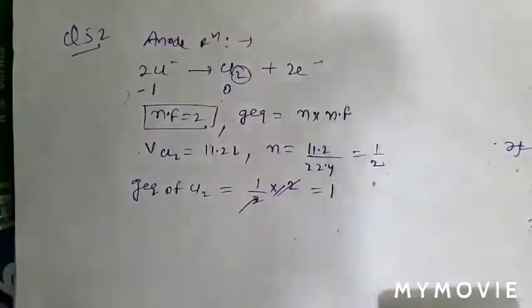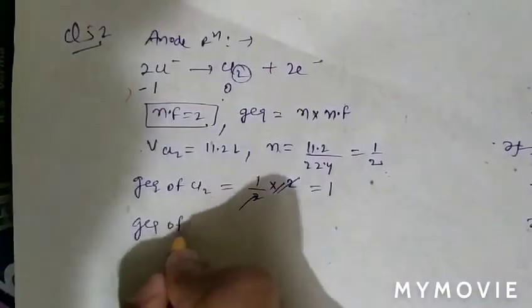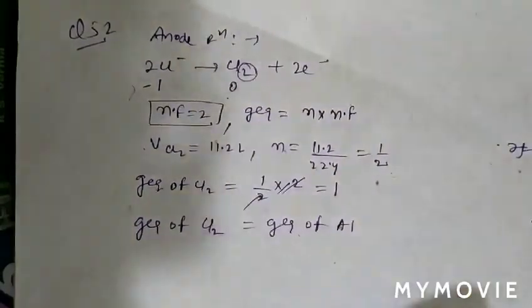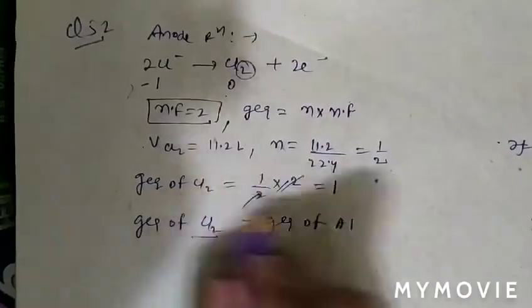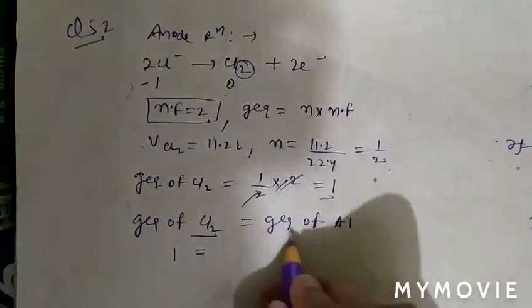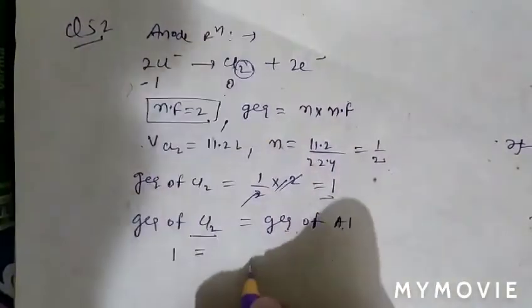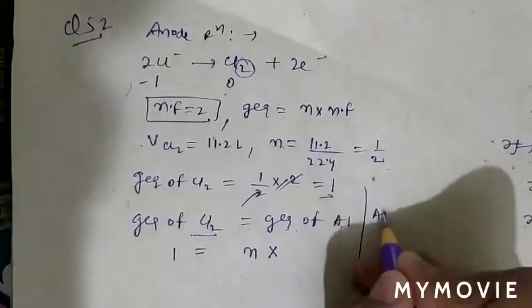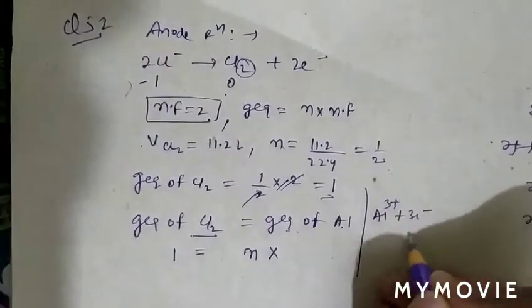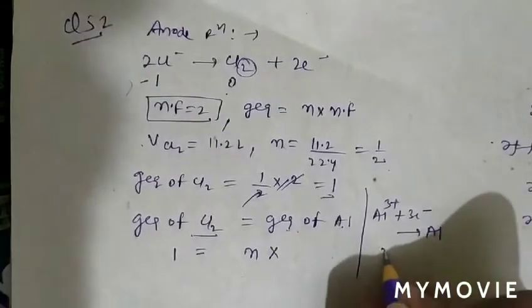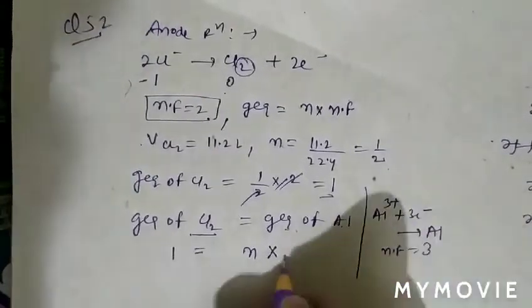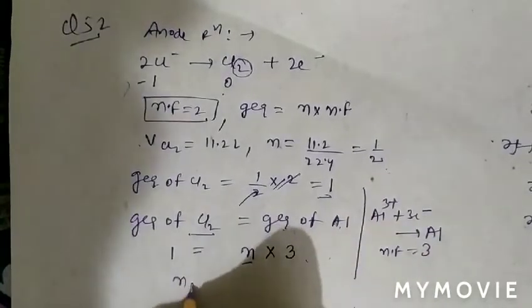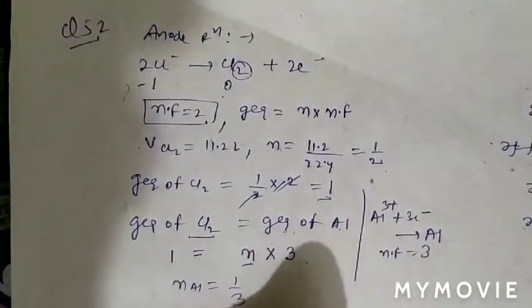As we know, gram equivalent of Cl2 will be the same as gram equivalent of aluminium. Gram equivalent of Cl2 is equal to 1, and gram equivalent of aluminium will be number of moles into N factor. As Al3 plus after gaining 3 electrons changes into Al, the N factor will be equal to 3, so the number of moles of aluminium will be equal to 1 by 3.